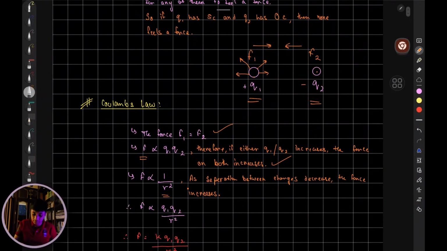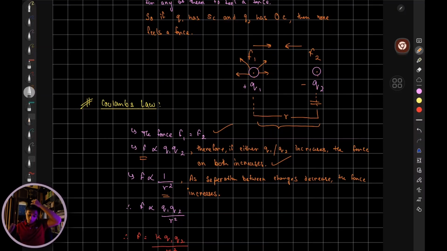Right, so the separation from this point charge right at the middle, let's draw a line. This is R, this entire part is your R. The separation between the point charges, that is your separation of the charges.